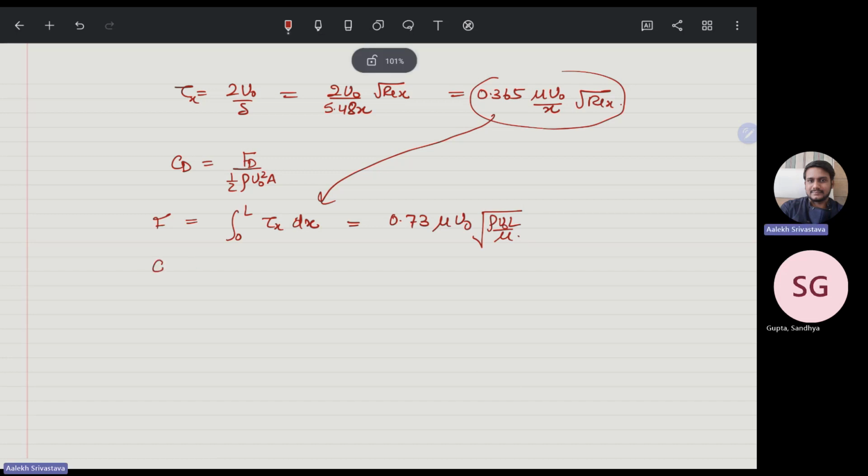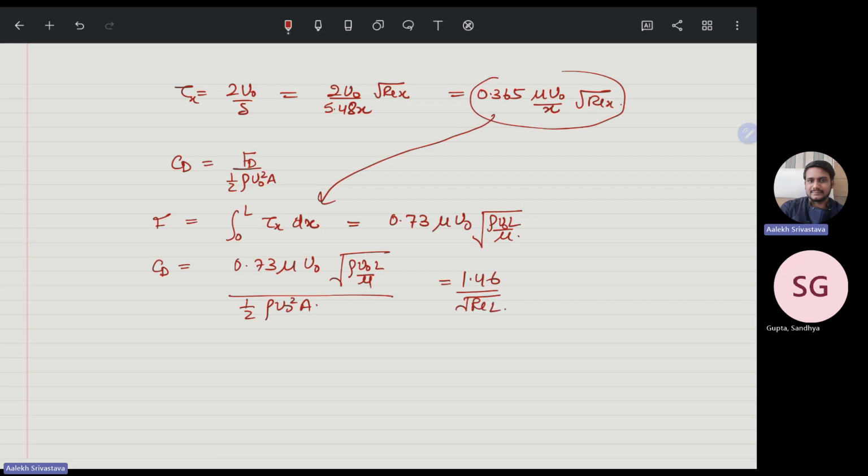So now CD is equal to this F, 0.73 mu u0 under root of rho u0 L by mu, divided by half rho u0 square A, and area we know is only L times unit width. So similarly, if you solve it, you will get 1.46 divided by under root of ReL.